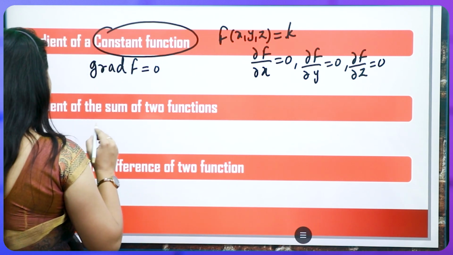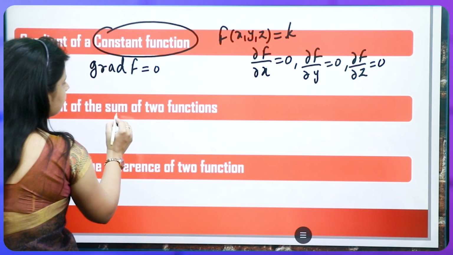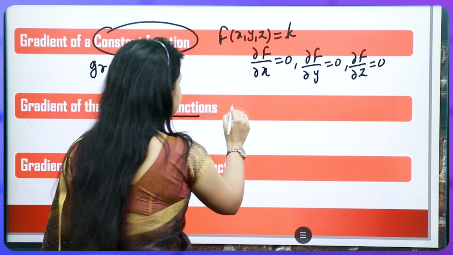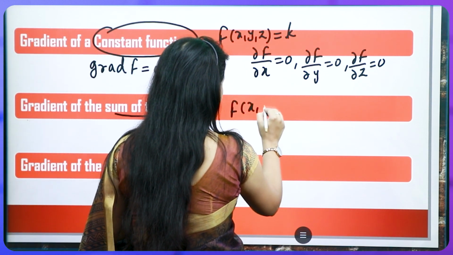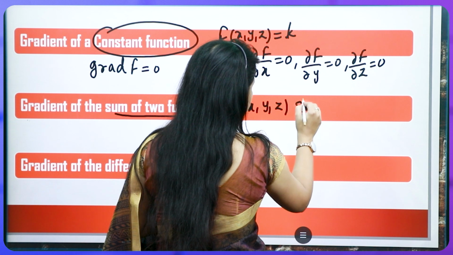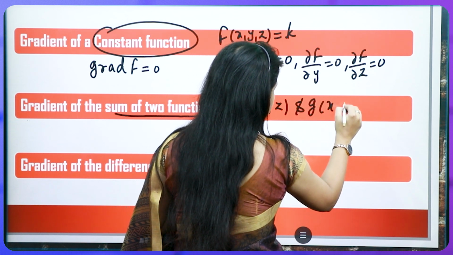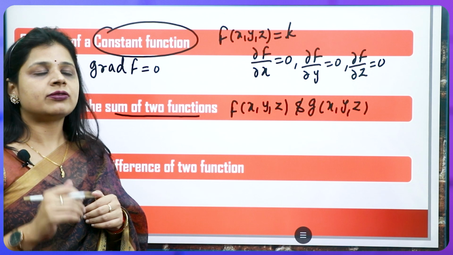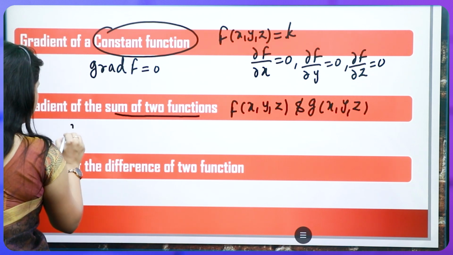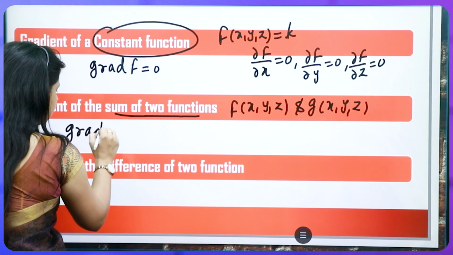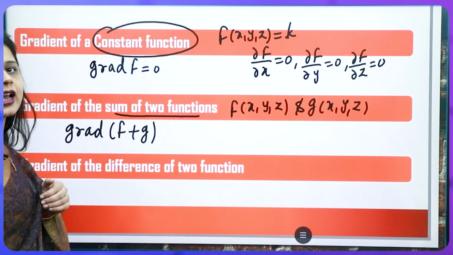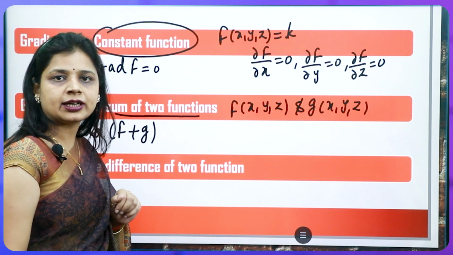Now, the second property is for gradient of sum of two functions. Suppose two scalar functions are f of x, y, z and g of x, y, z. And we have to find gradient of their sum, that is f plus g. So, we will write grad of f plus g.